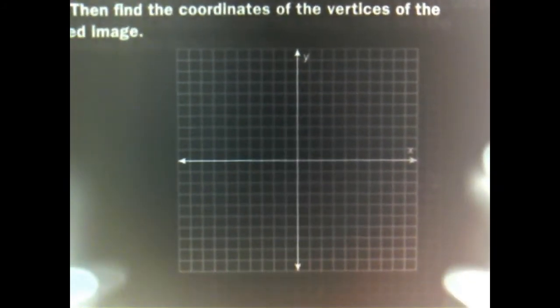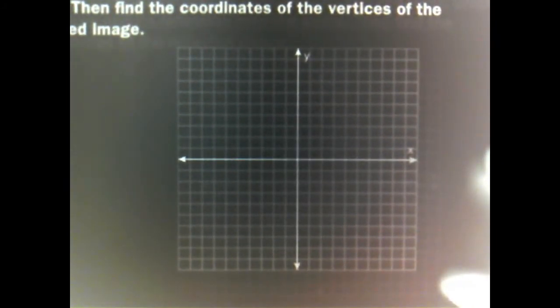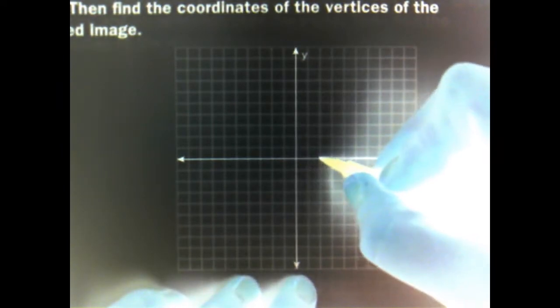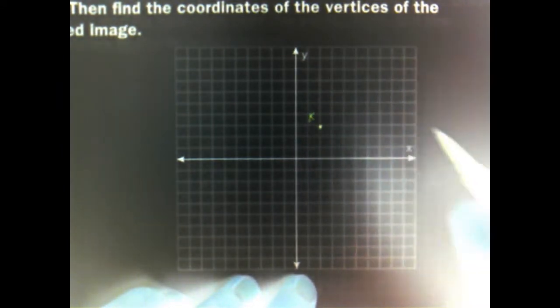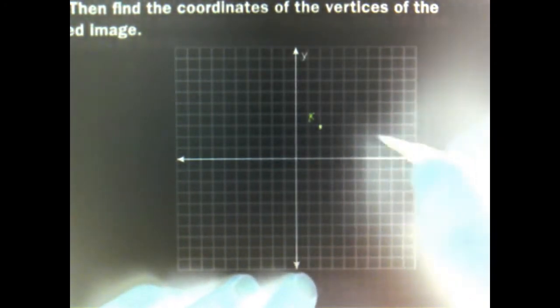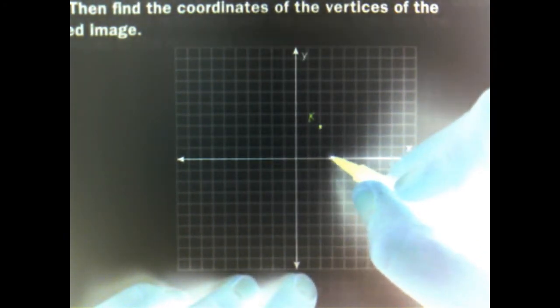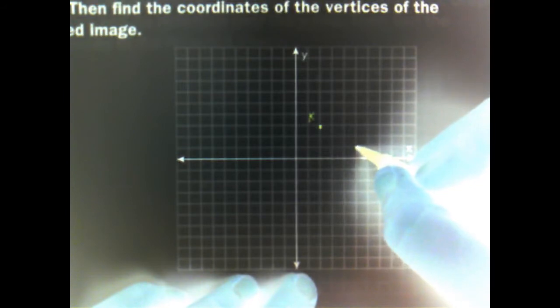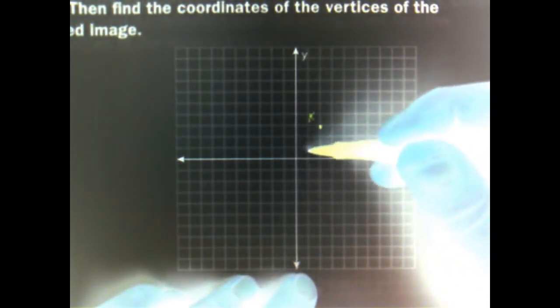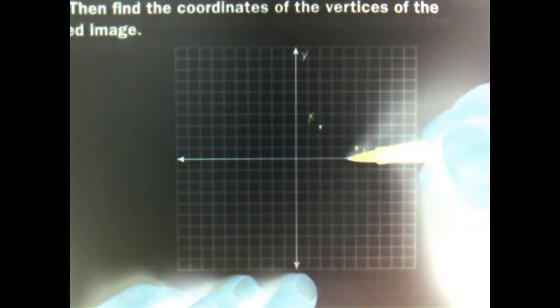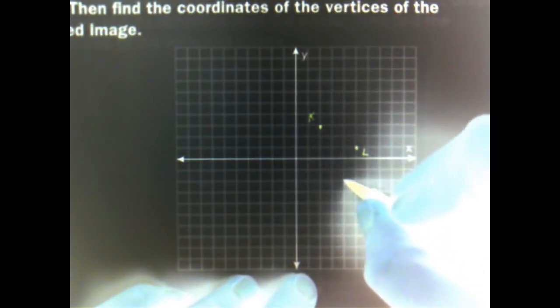So we start by graphing K, L, M, and N. K is 2, 3. L is 5, 1. 1, 2, 3, 4, 5. M is 4, -2. 1, 2, 3, 4. 1, 2.